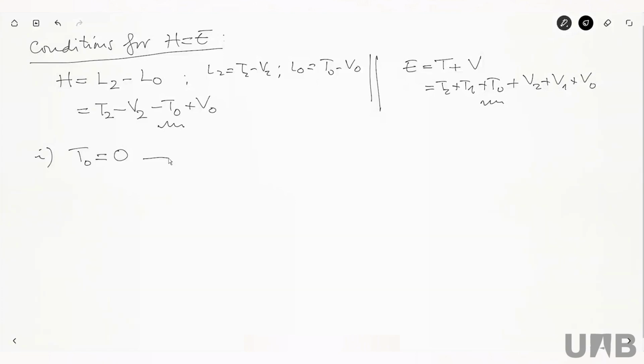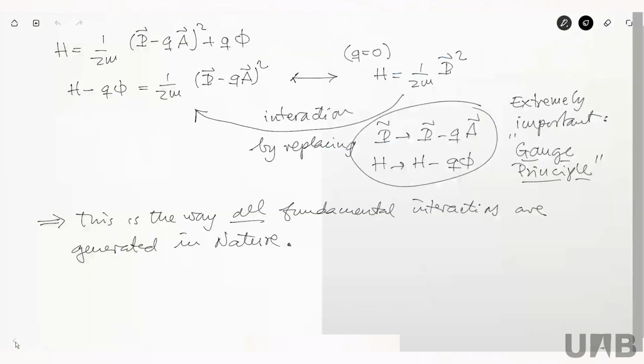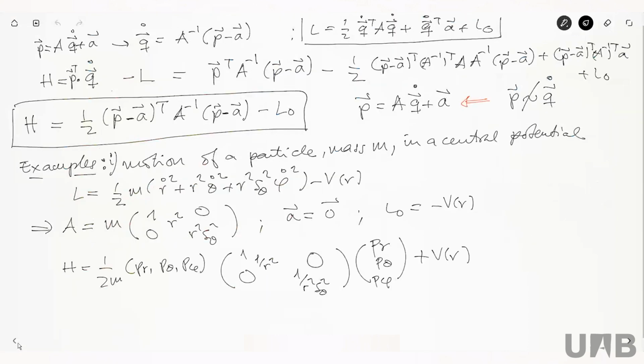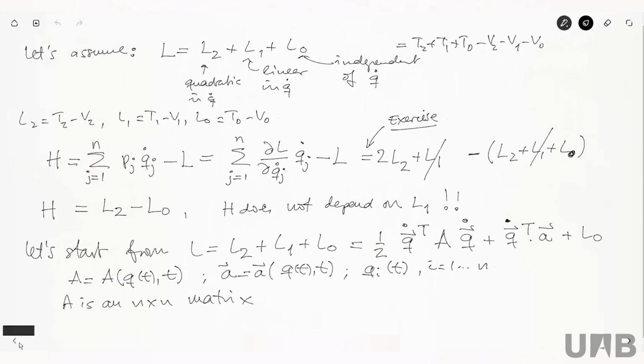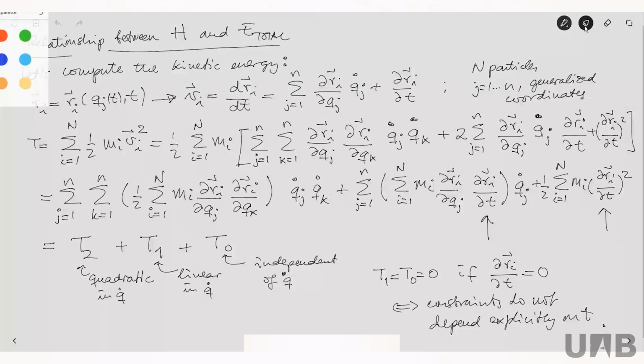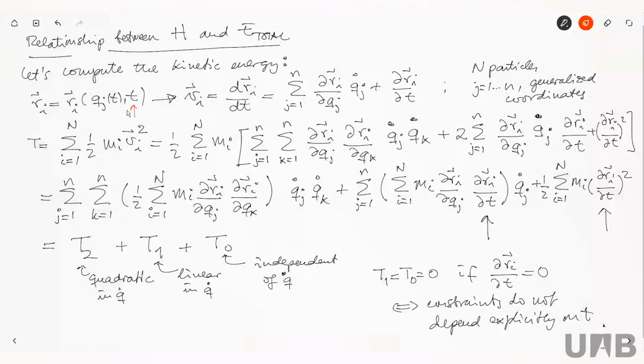But what was a T0? Remember, let's go back a couple of pages. Where is my T0? Here, T0. T0 happens to be a sum over the masses of the derivative of the position vectors with respect to time, explicitly a square. Okay? So the only way this term can be 0 is if all the positions here do not explicitly depend on time. So this dependence in t cannot be there.